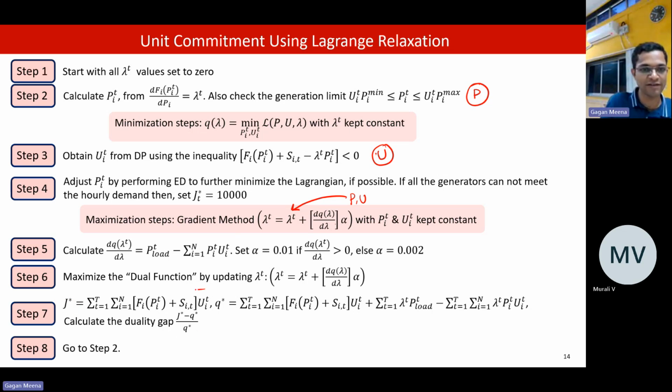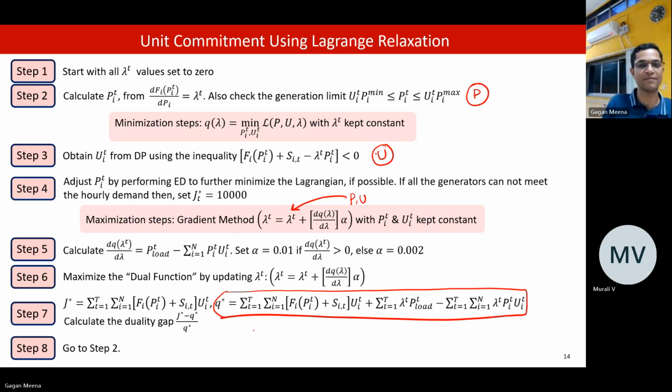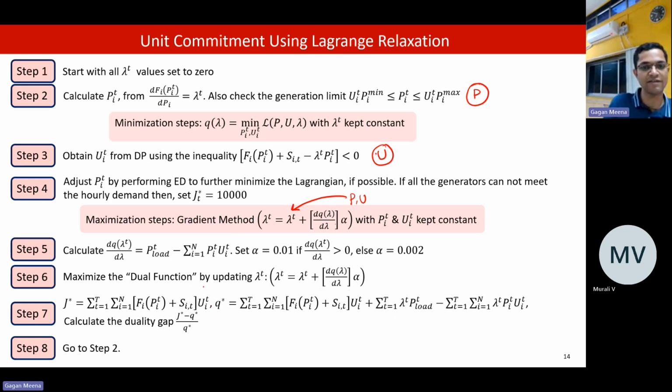So this one was our dual. This one is primal and this is our dual problem. We can see here we have relaxed that constraint, this power balance constraint, and we are considering it in this.